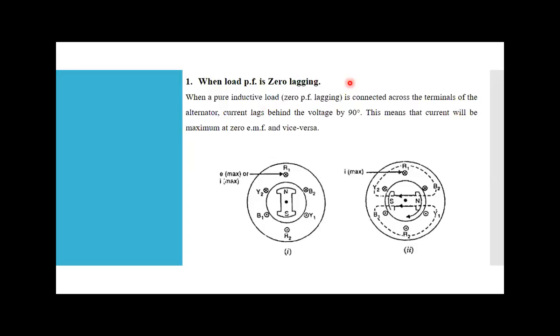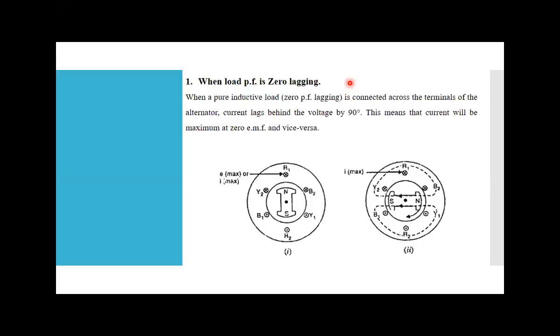There are two types of EMF. One is the self-induced and another one is the mutually induced EMF, on which our transformer is working, and on which our generator and induction motor are working. Flux is generated by the field winding, that flux is linked with another conductor, and due to that linking, EMF is generated on that conductor.